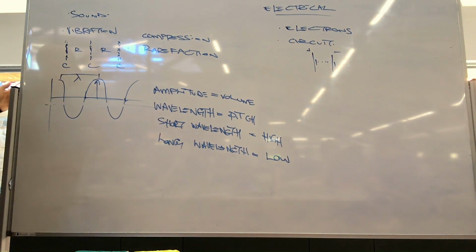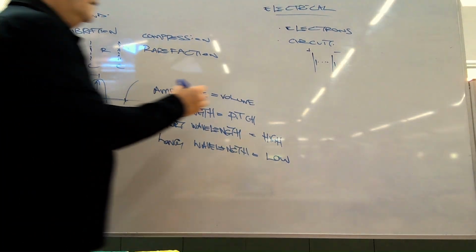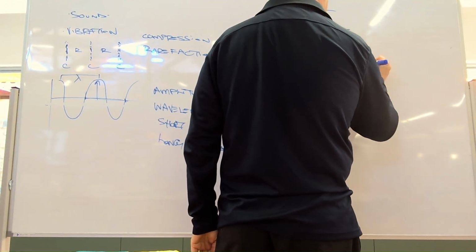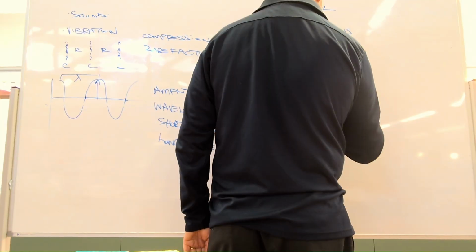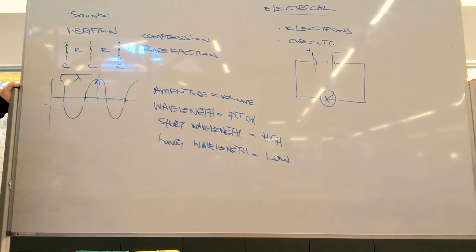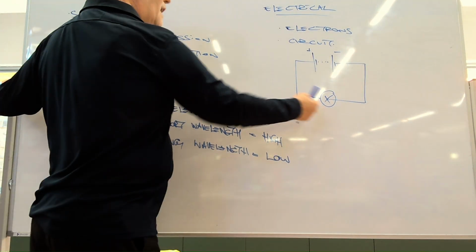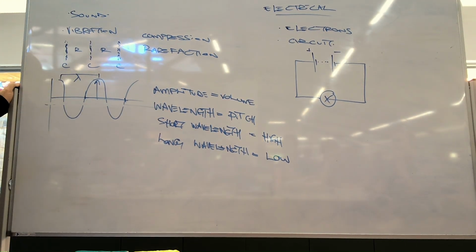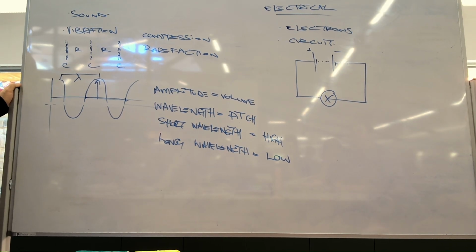Here's a circuit. Okay, there's a simple circuit. That's a light globe down the bottom here. I don't think in this test you'll need to be able to draw series and parallel and stuff. I don't think you're going to need to do it.